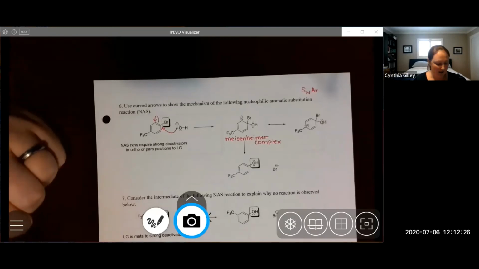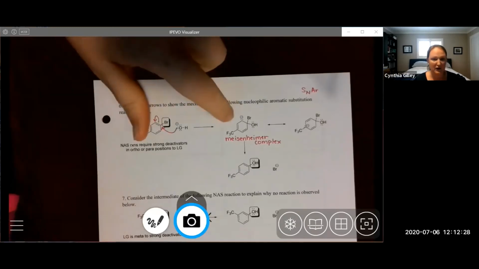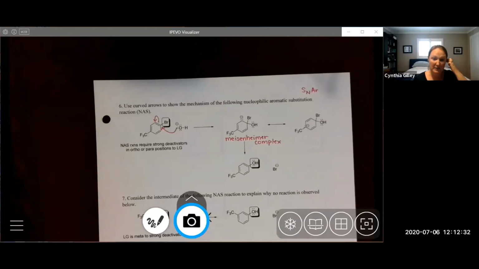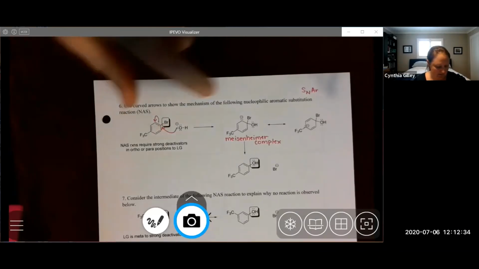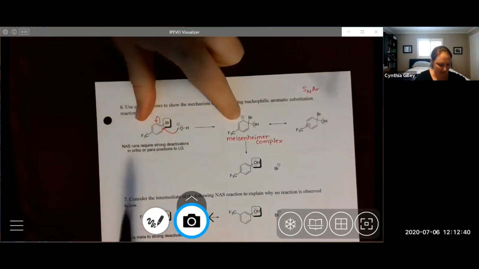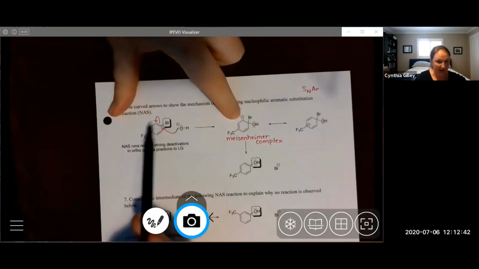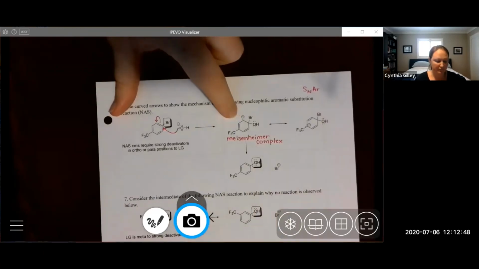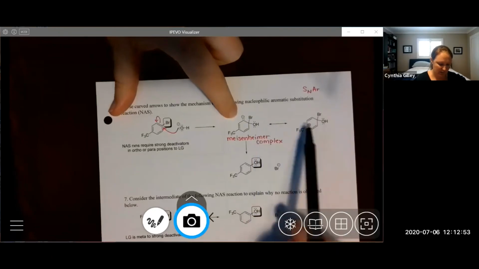The arenium ion has a positive charge on the ring, and the Meisenheimer complex has a resonance stabilized negative charge. So that's very different. And that's because of the difference of how this is acting, right? This is now going to be an electrophile, not a nucleophile. When it gets attacked, it's electron rich. Okay, so this is just one of the resonance contributors.